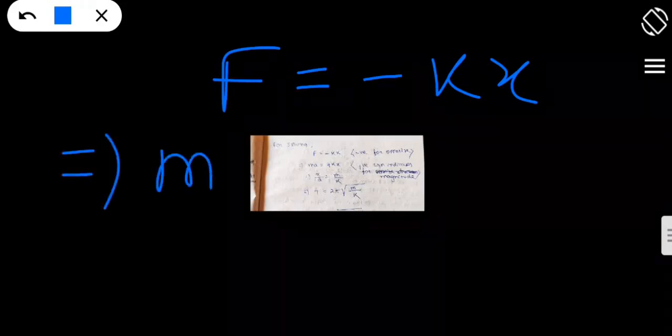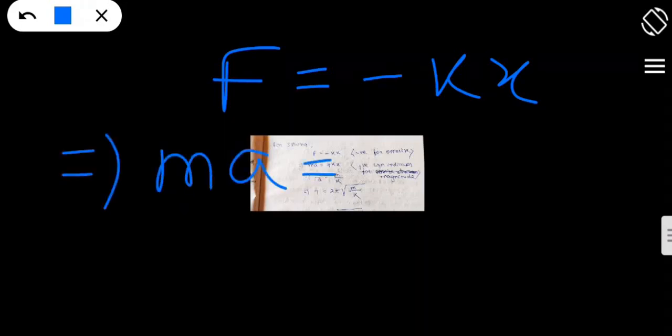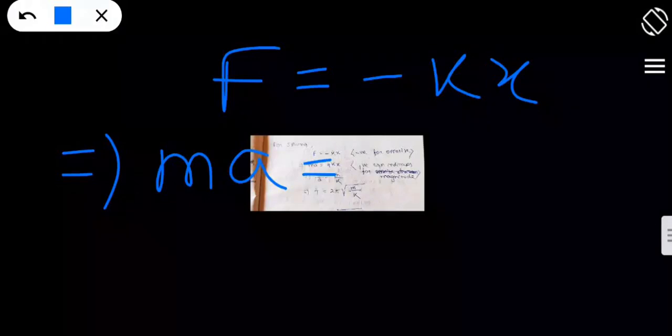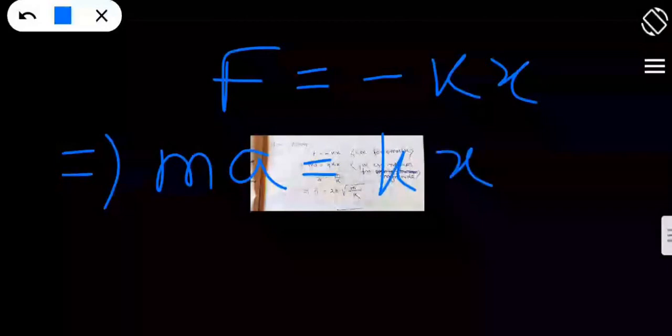My main intention here is to find out the time period of oscillation in the spring, right? So here this force, I can write it as ma, because mass is there, and with acceleration it will try to come back to its original position. ma is equal to, in the next step, let us take the magnitude value, so I am avoiding the negative sign. So ma equal to kx, right?